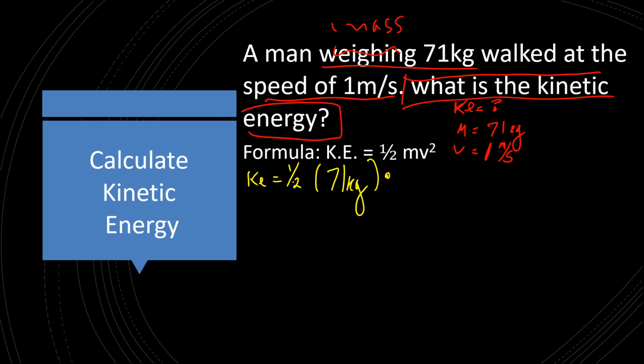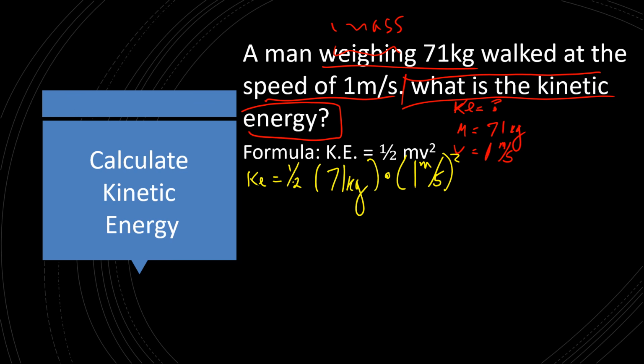So 71 kilograms times 1 meter per second squared. Well, we're multiplying, so we're going to start right there. 1 times 1 is still 1.